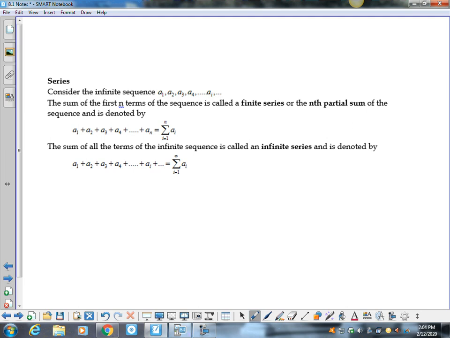It's denoted by, so I'm going from 1 to n of all the terms, and the sum is the adding part. So the sum of all the terms in an infinite sequence is called an infinite series, and it's denoted, the only difference is the top. Instead of stopping at a specific value n, I go all the way to infinity.